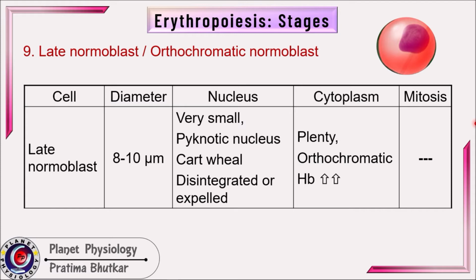So, later stage of this late normoblast will lack nucleus. Cytoplasm is now plenty and it is orthochromatic in nature due to increased concentration of hemoglobin, and this cell loses its ability of mitosis. So mitosis is absent. Late normoblast is also known as orthochromatic normoblast.